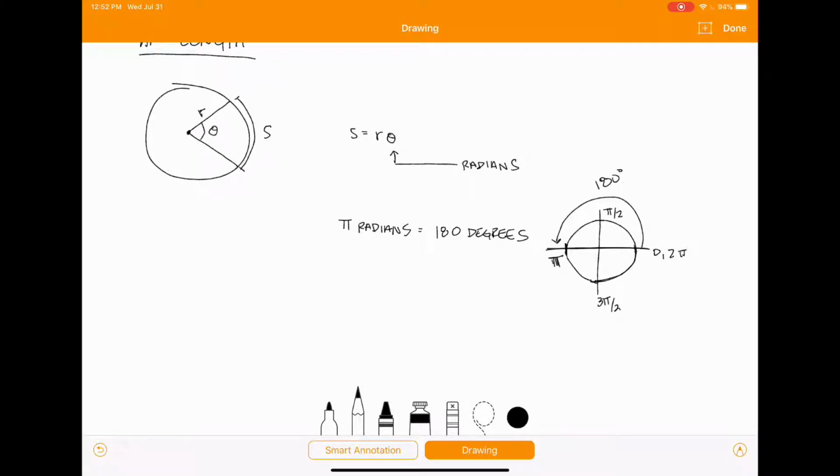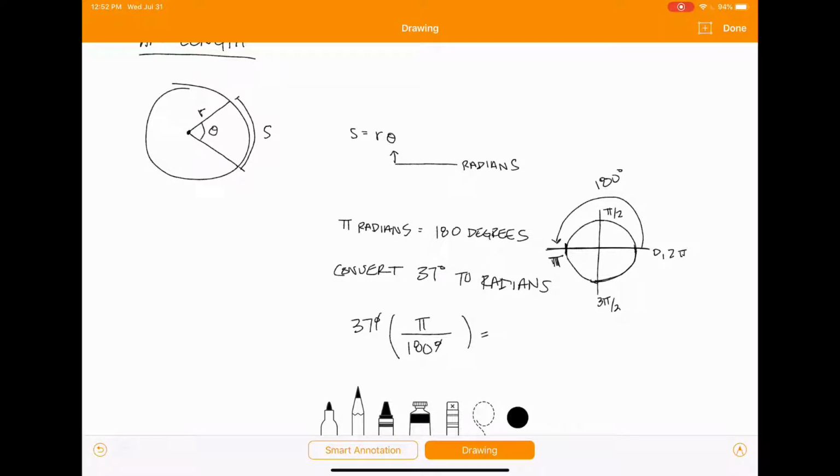So just for a quick example, if we want to convert 37 degrees to radians, you're going to start with your known value, 37 degrees, and then just set up a unit conversion. So we know that there's 180 degrees in pi radians. So then your degrees will cancel.